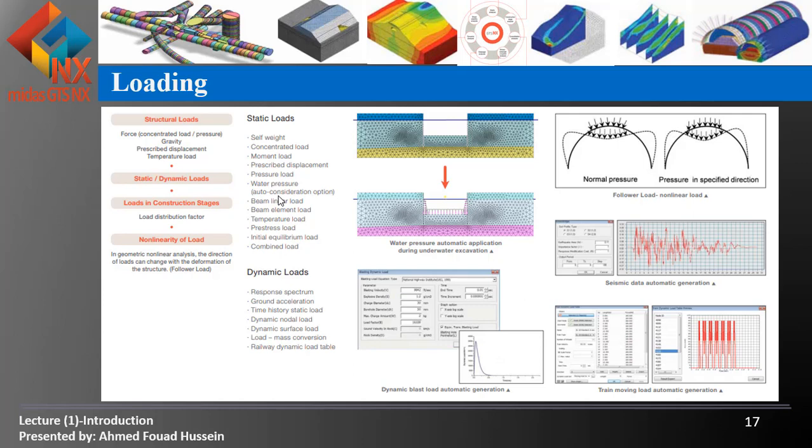In dynamic, as I mentioned in the advertisement, Midas has a very wide library for dynamic, so we can do any kind of dynamic analysis very easily, because it has the response spectrum, ground acceleration, time history, static loads, dynamic nodal, dynamic surface load, and more.